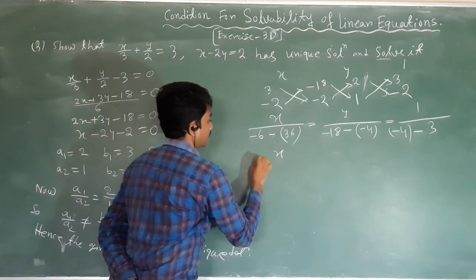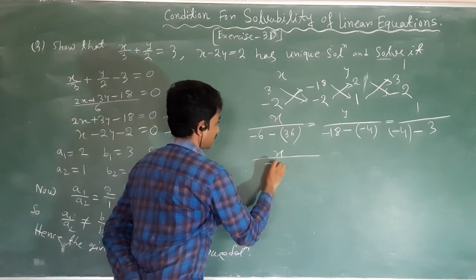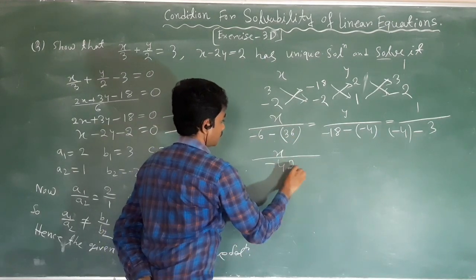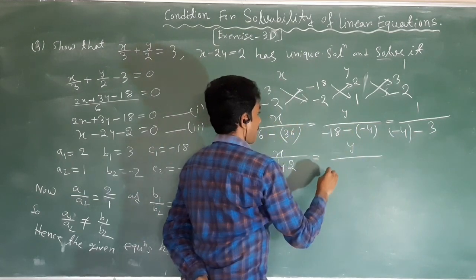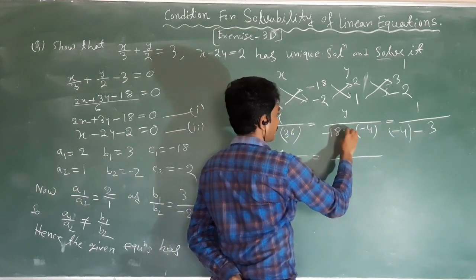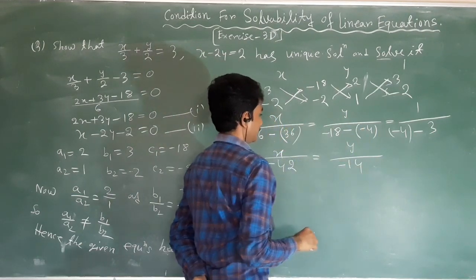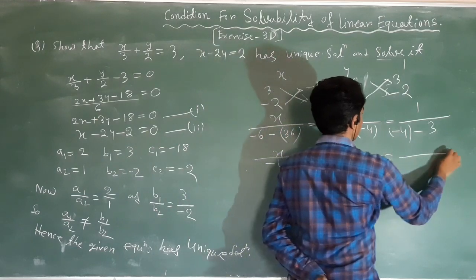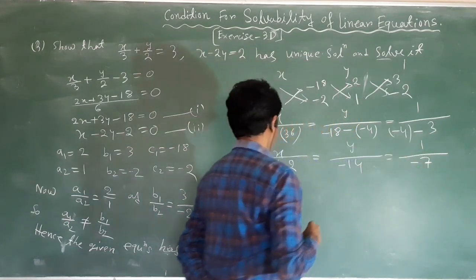So x upon minus 6 minus 36, minus 42, is equal to y upon minus 18 plus 4, minus 14, is equal to 1 upon minus 4 minus 3, minus 7.